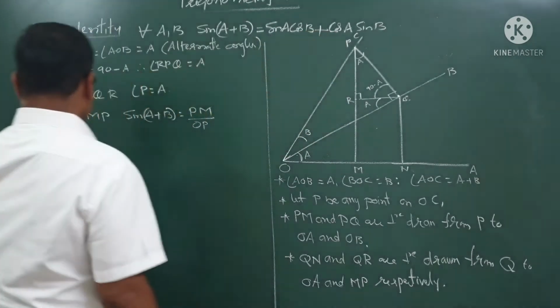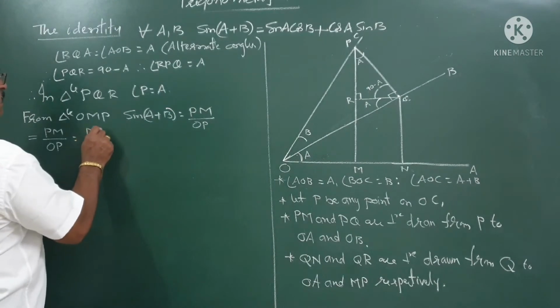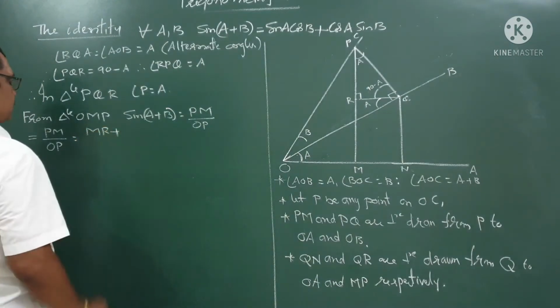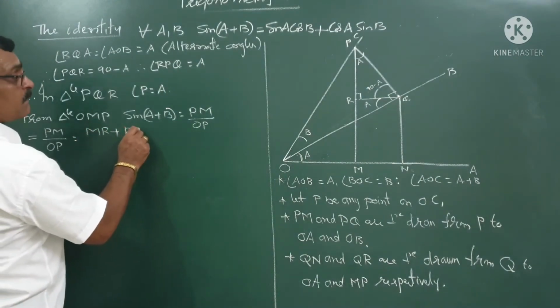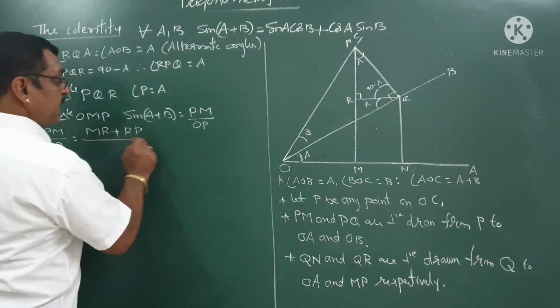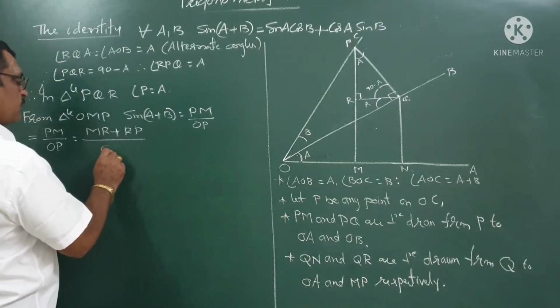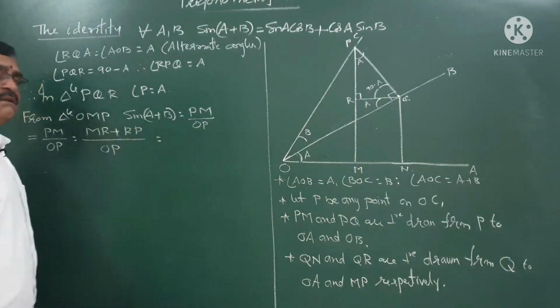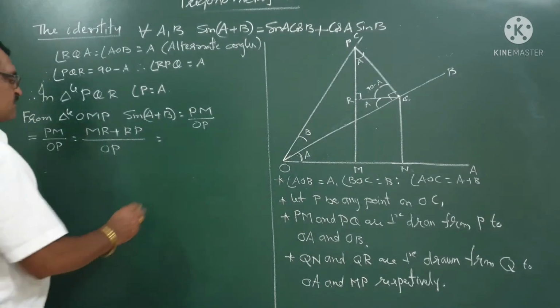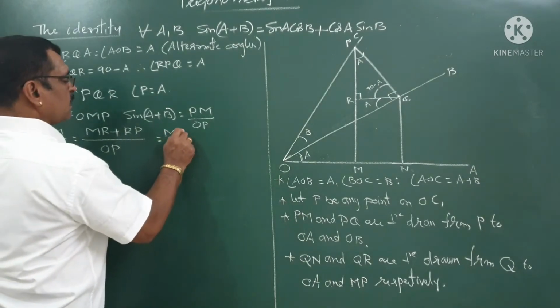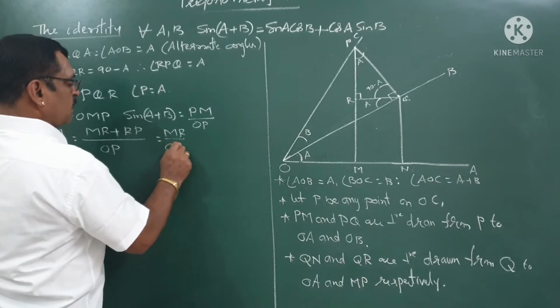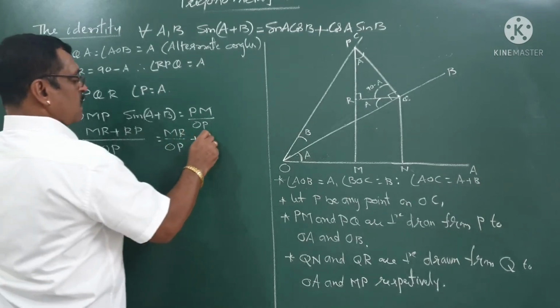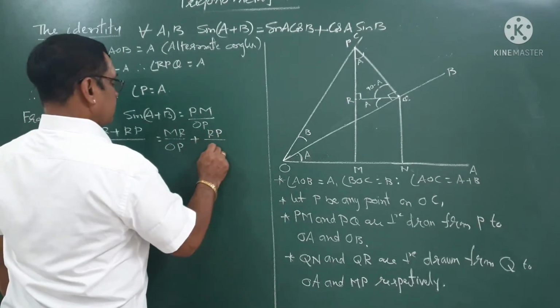So sin(A plus B) is equal to MR plus RP by OP. Then I will split into two fractions, MR by OP plus RP by OP.